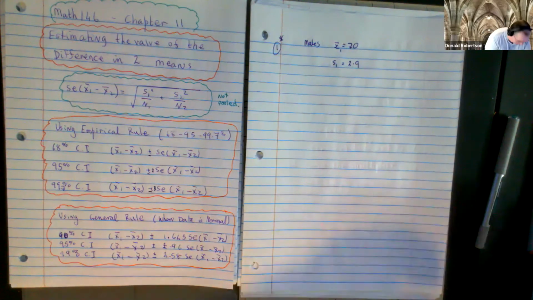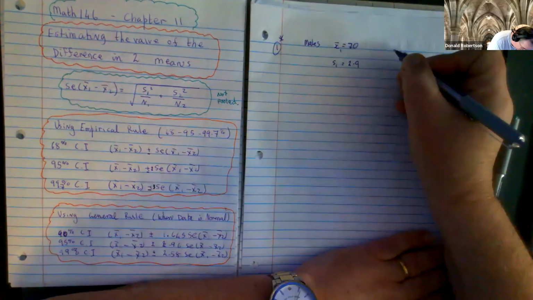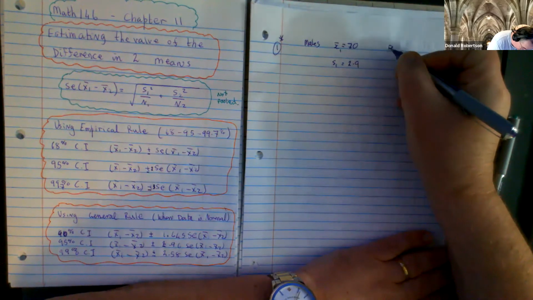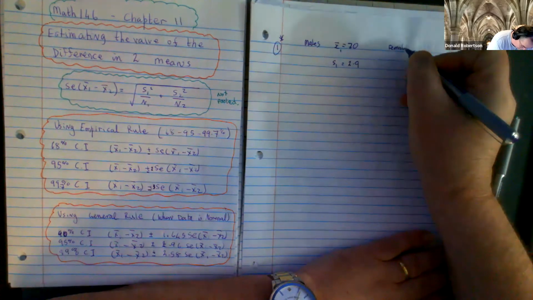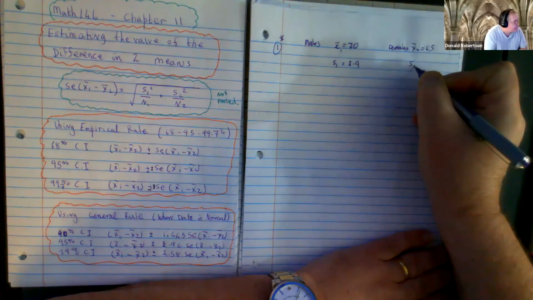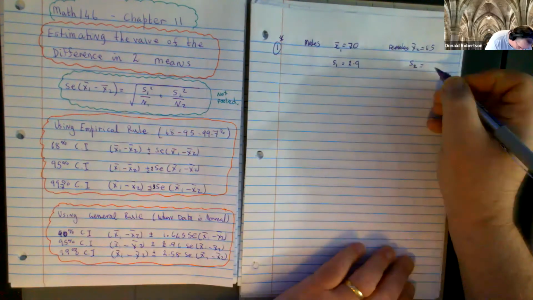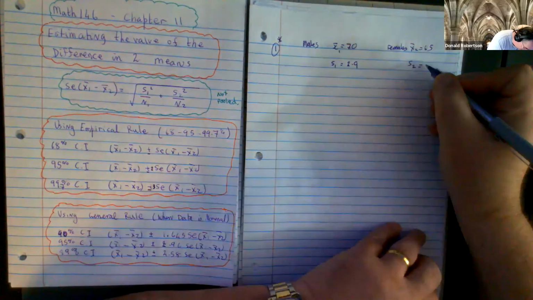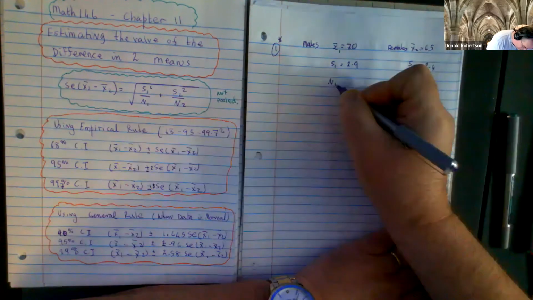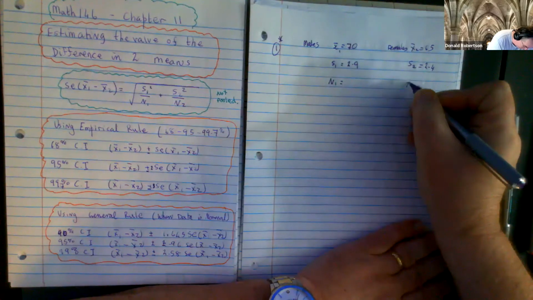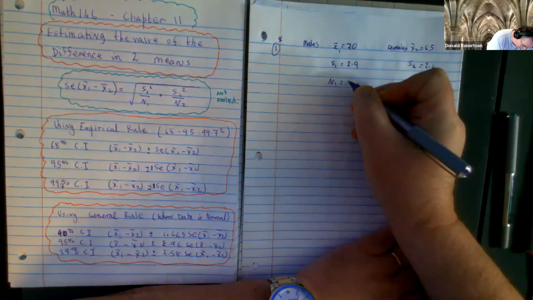For females, it's 65. And standard deviation for females is 2.4. And the sample size for both of these is 9.